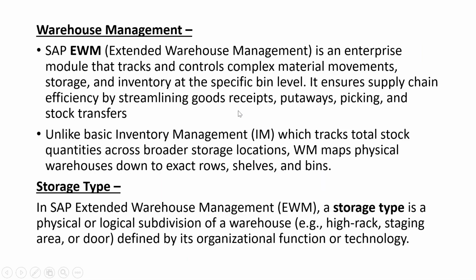But here we are unable to identify each company's products, how many are there. I mean, 10 Hatsun curd packets, 10 Heritage curd packets, 10 Amul curd packets. We cannot differentiate the count in the inventory module. Here in WM, we can differentiate the number also.